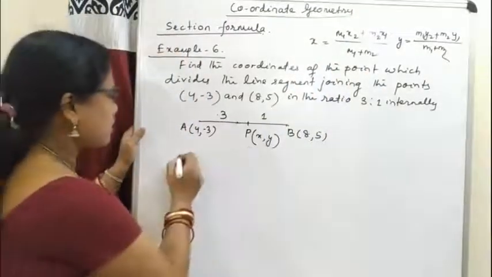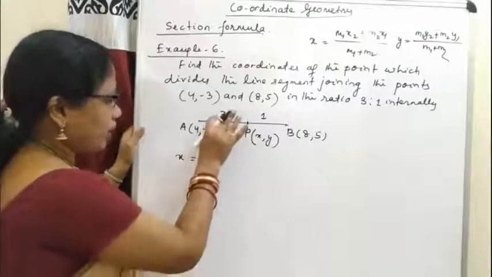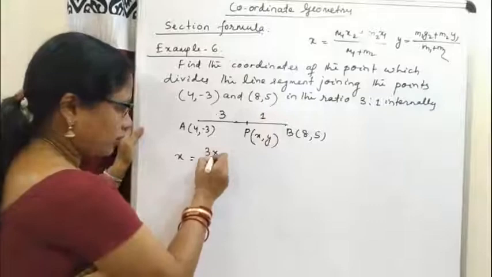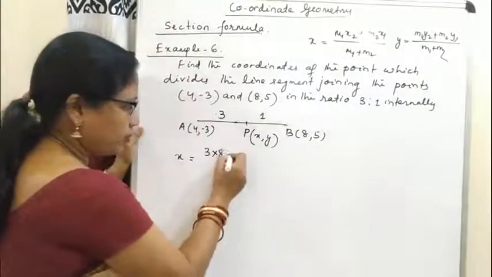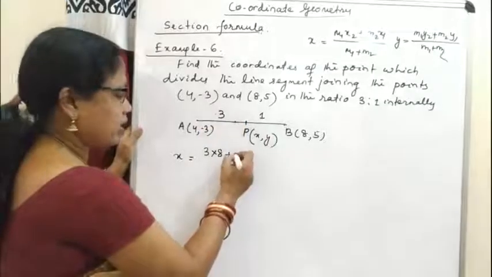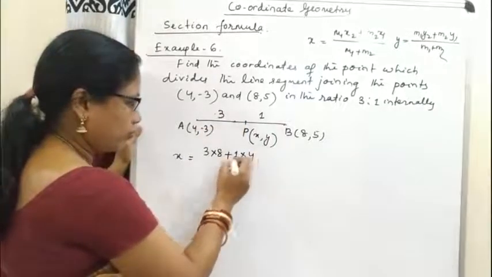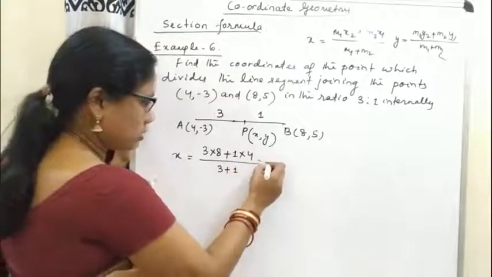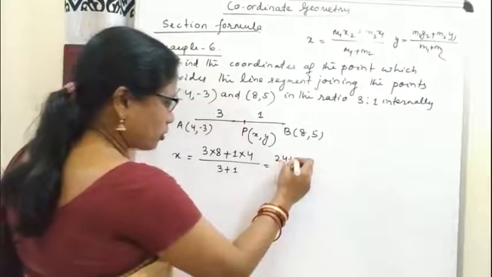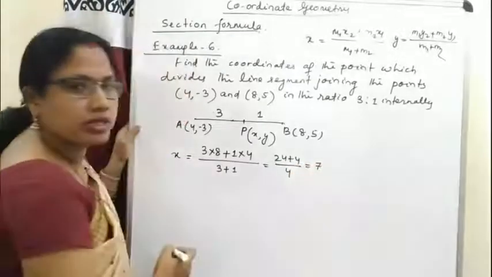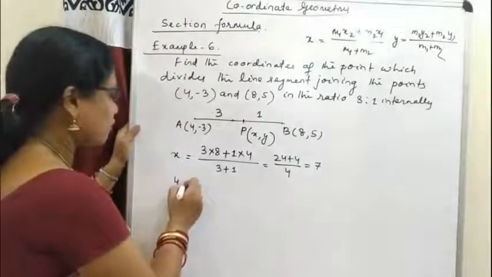So first, x is equal to (m1 x2 + m2 x1) divided by (m1 + m2). That means 3 multiplied with 8 plus 1 multiplied with 4, divided by 3 plus 1. So this is equal to 24 plus 4 divided by 4, which is 7. Like this we can find y.